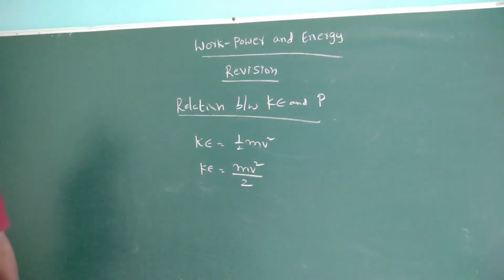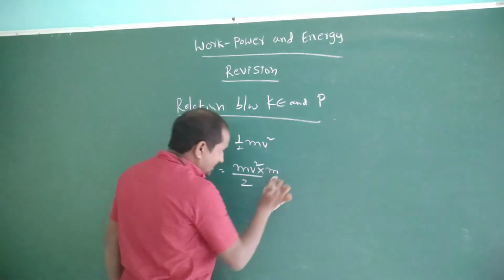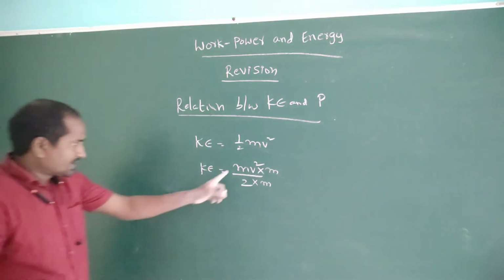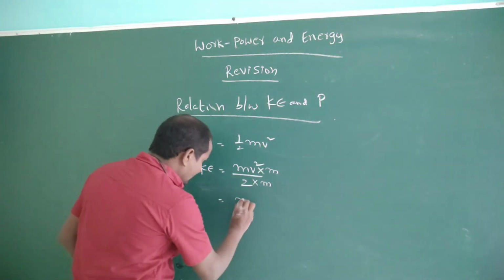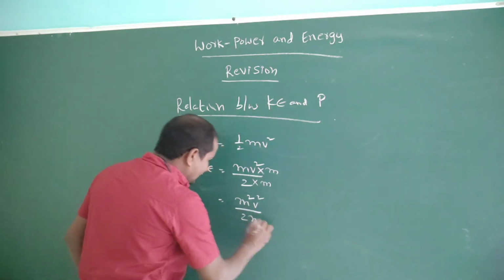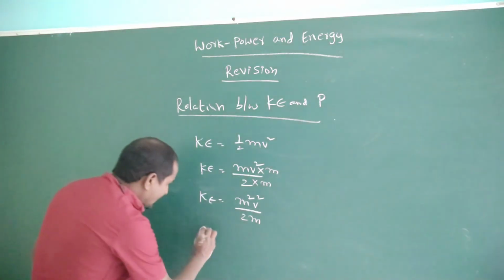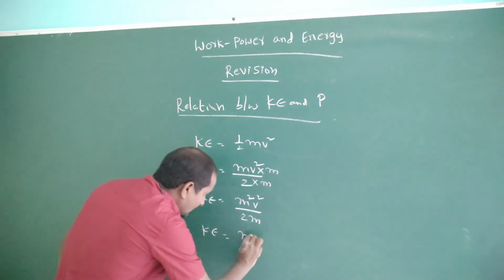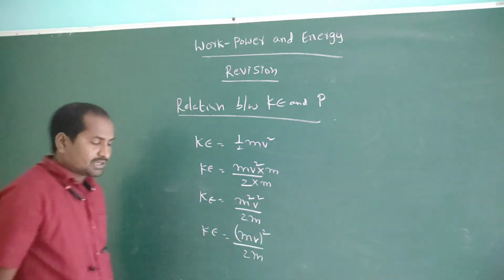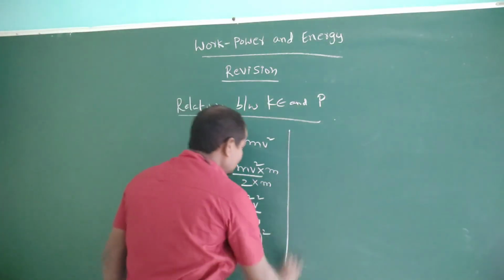Both are equal. So I multiply with m and divide with m, same value. So m square v square by 2m equals K. So we can write K equals m into v whole square by 2m.